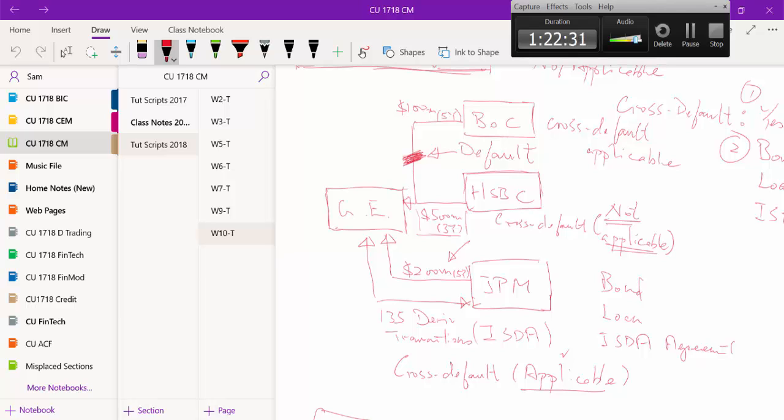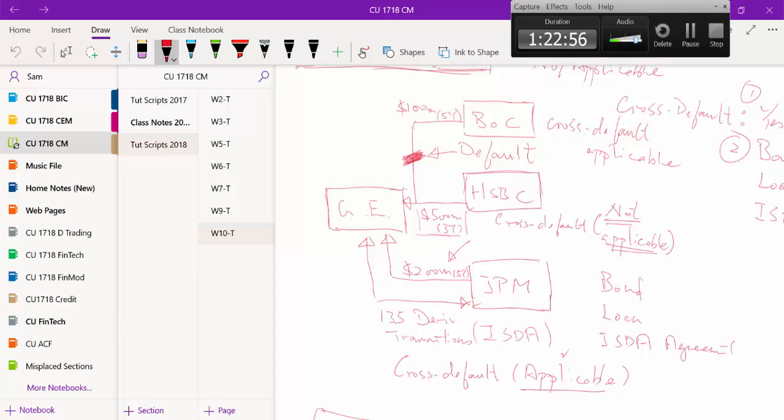In that case, JP Morgan can pick up the phone and call GE, and he'll be very polite and say, oh, good morning. I heard that you recently defaulted on BOC. It will be in the news and in the newspaper and also on Bloomberg. GE said, well, yeah, it's true. That's what we did.